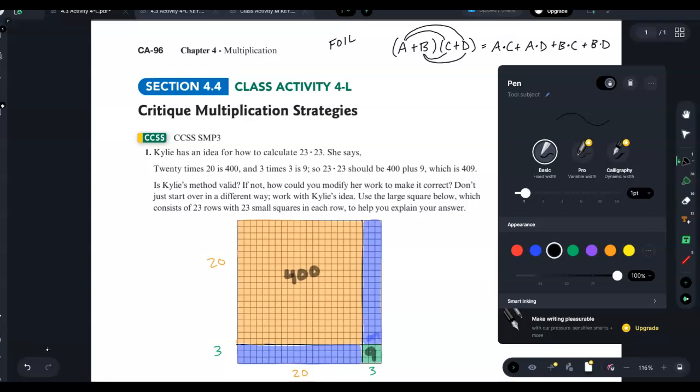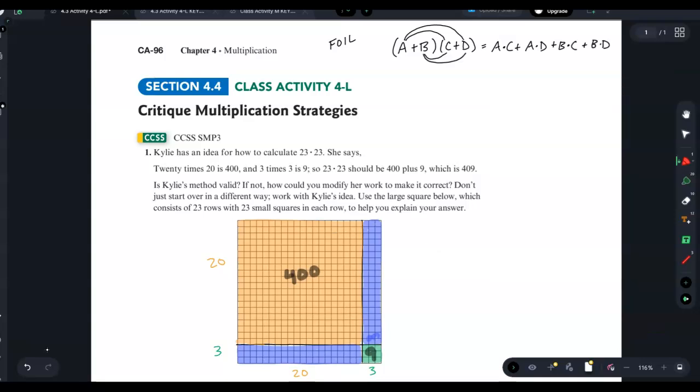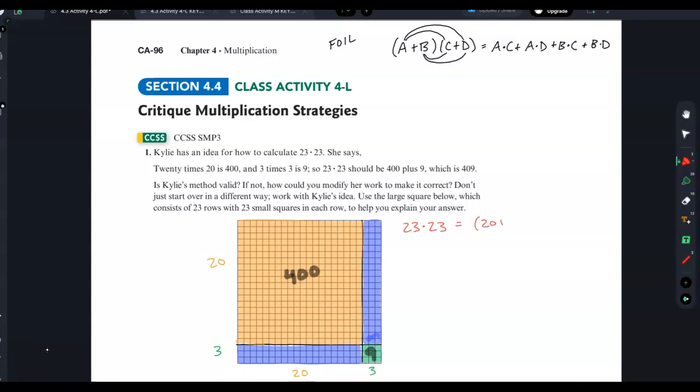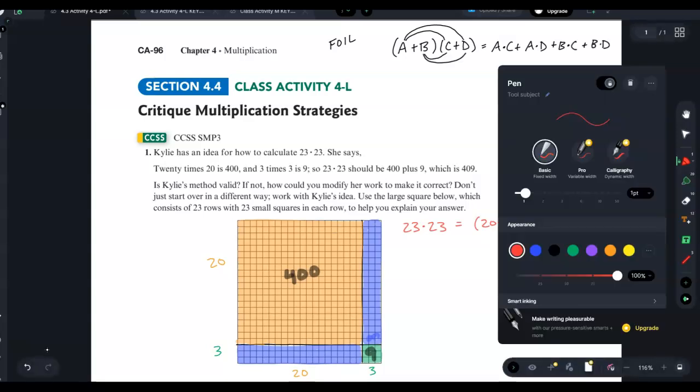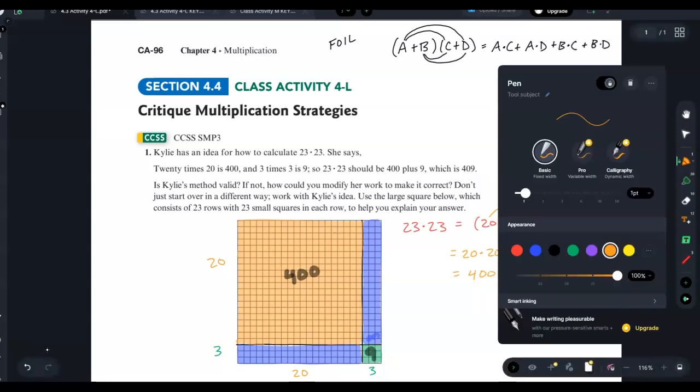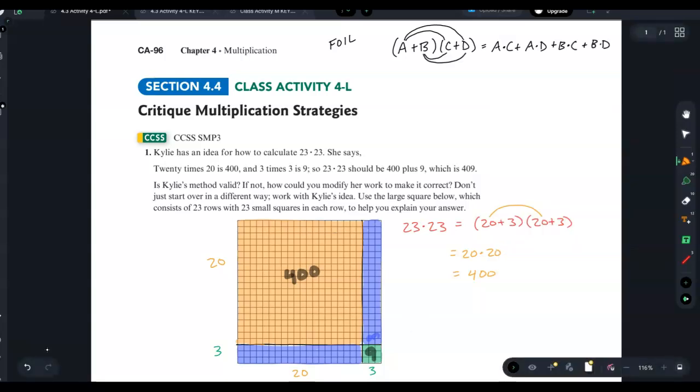So let's see if we can relate this back to Kylie's problem. So she started with 23 times 23, and the first thing we did is we said, well, let's split up the 20 and the 3. So we're kind of rewriting that as 20 plus 3 times 20 plus 3. And so when she said, okay, 20 times 20 is 400, she was really doing the first terms, right? So she's getting 400. And then when she did 3 times 3, she's doing the last terms.